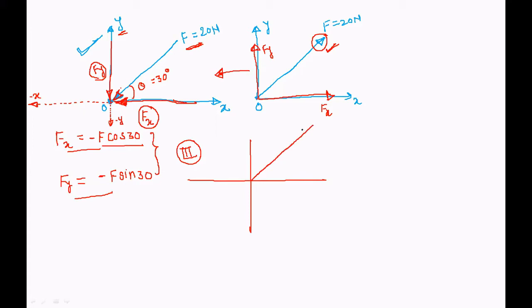So this is the force given, F is equal to 20 Newton, and this angle is given as theta. So actually, it appears that the force is lying in the first quadrant, but the direction of the force is towards the third quadrant. So if I extend the line of action, what is the meaning of line of action?